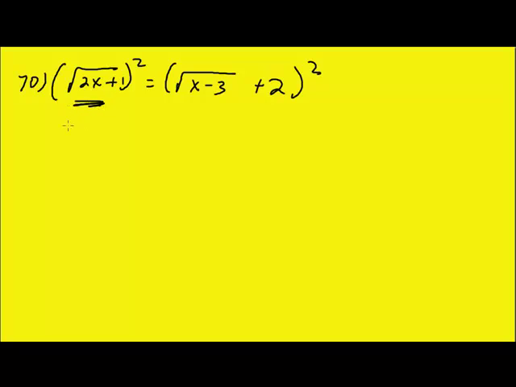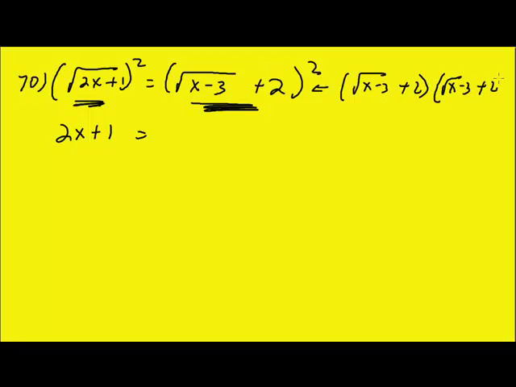This is easy. That's going to give me 2x plus 1. This is not easy, because if you really look at that, what you really have is the square root of x minus 3 plus 2, times the square root of x minus 3 plus 2. That is what you have. So you have to use the distributive property to multiply this out.